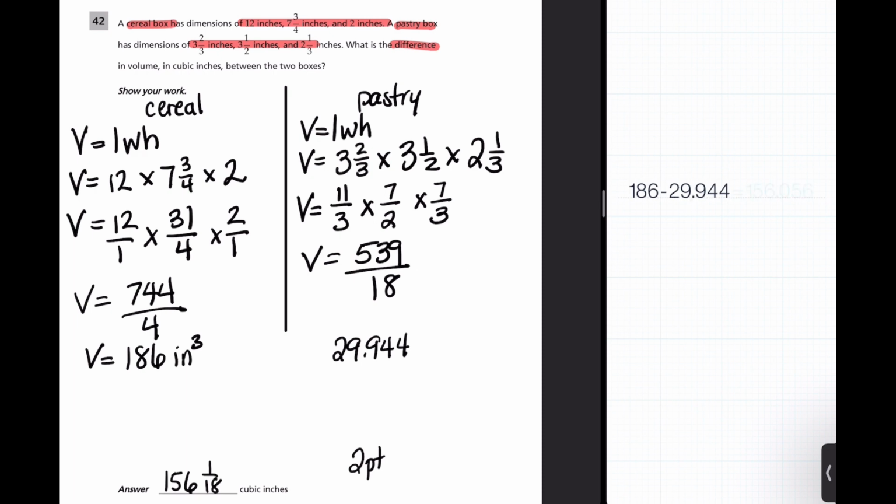Didn't put the decimal. You would end up getting 156.056. Again, not incorrect. You would just have to show that you did 186. You just have to show this work somewhere on the page.